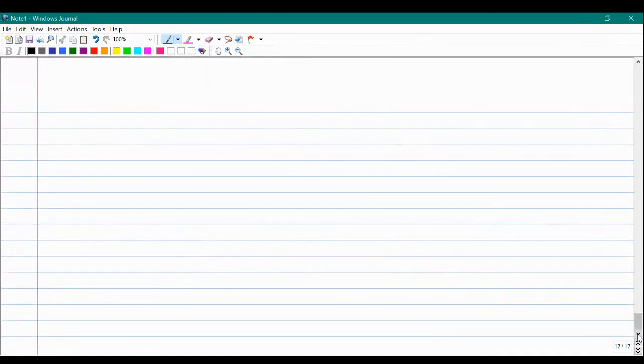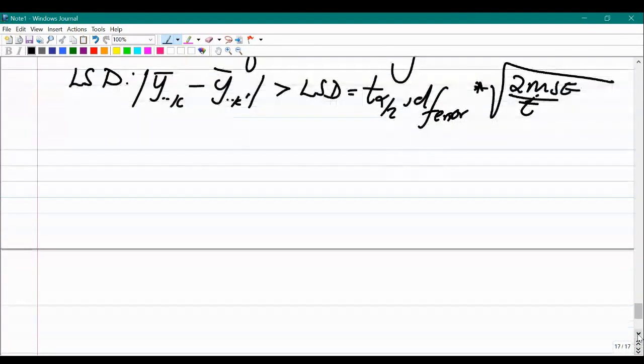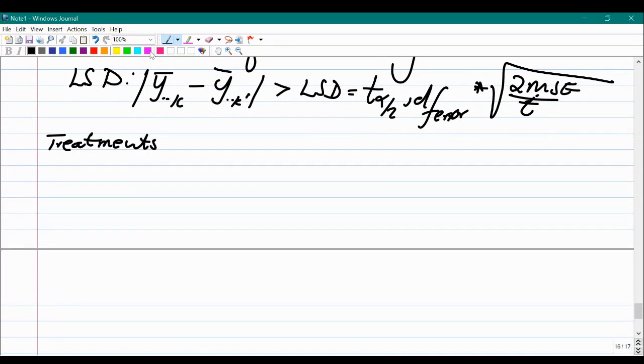Can I get the means of the treatments? The treatments are from you, so please help us. A, B, C, D. What is the mean for the first treatment? 25.75.